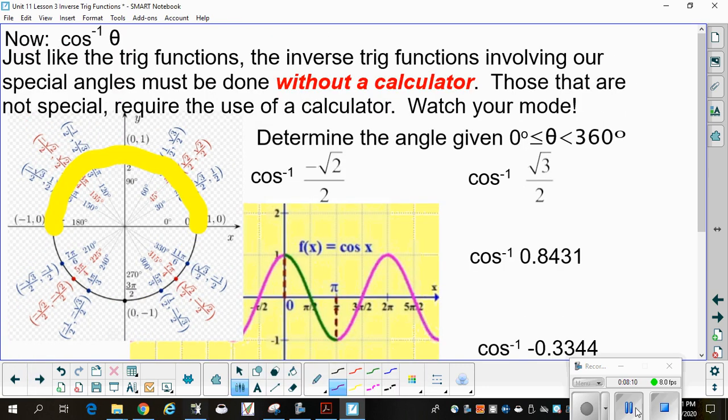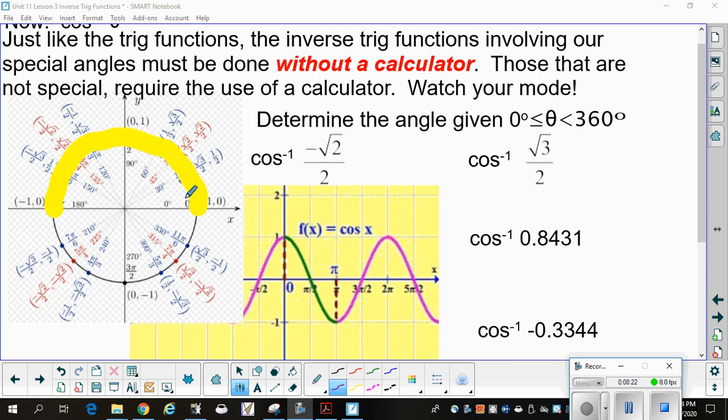Now let's look at inverse cosine. Just like the trig functions, the inverse trig functions involving our special angles must be done without a calculator. Now for cosine, we're going to go from 0 to pi. And why 0 to pi?